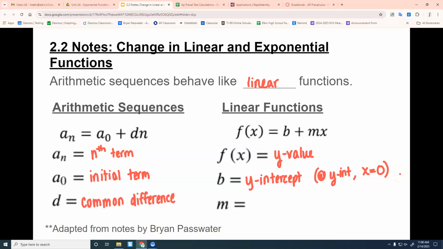Those are related. And what would we call the m? That is your slope, or we also like to call it the rate of change. So as you can see, the common difference is pretty much your slope or your rate of change when we're looking at these.